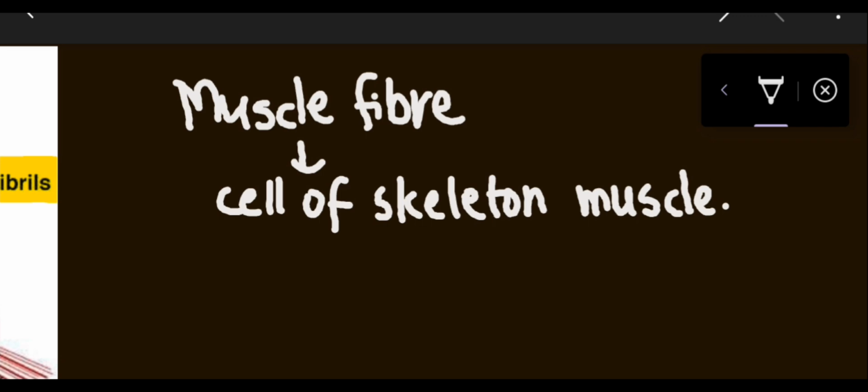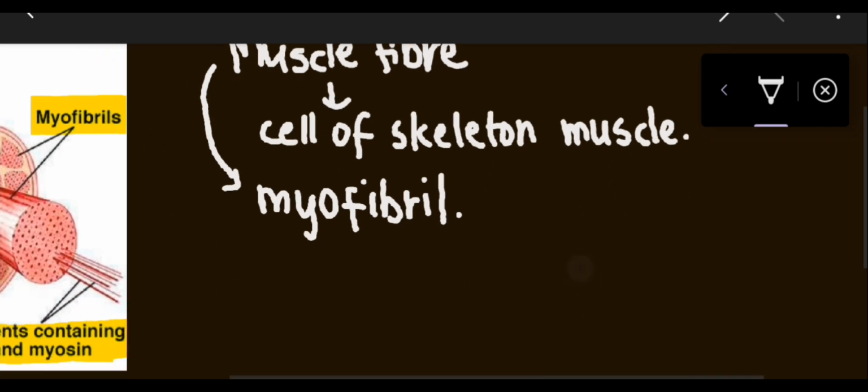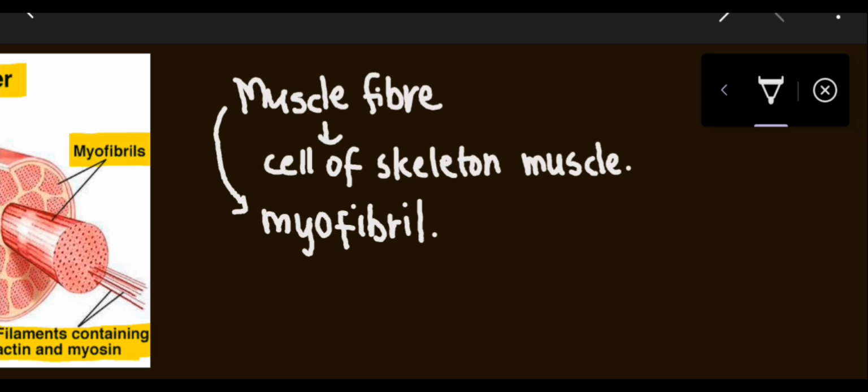After that, here you can see, when multiple muscle fibers combine together, they make myofibril. Now each, हर जो एक मसल फाइबर होता है, has a covering.